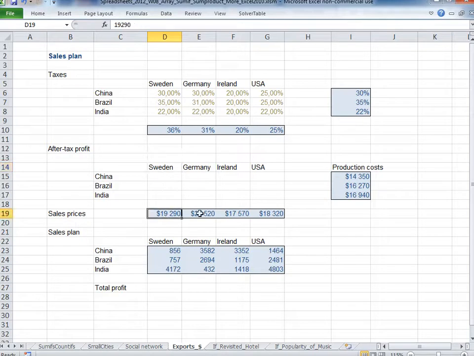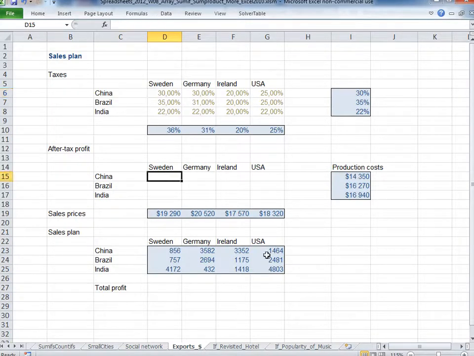Our production cost is 14,000. The difference between the two shows by how much our sales are above costs, and then we're taxing it with this lower income tax rate that we already spoke of, and let's do that now.